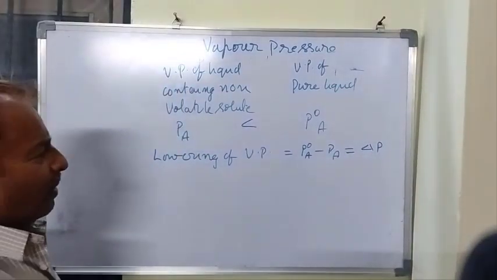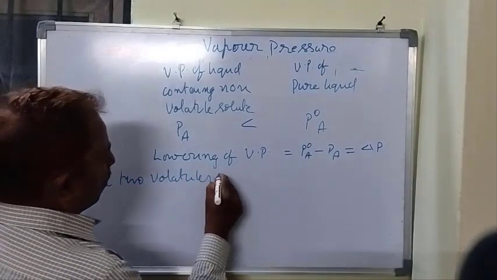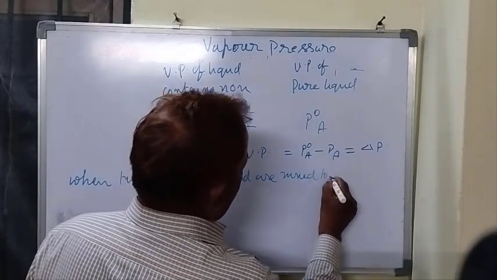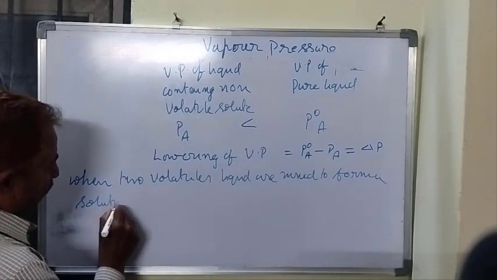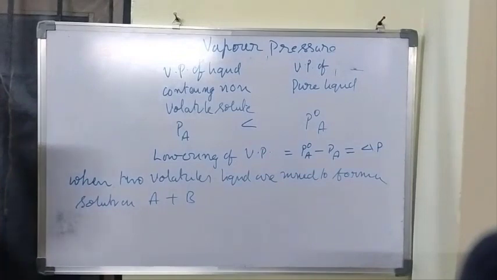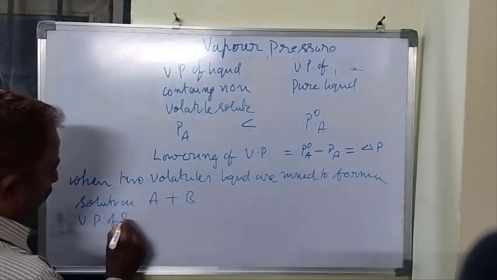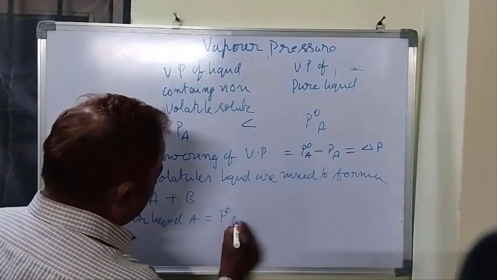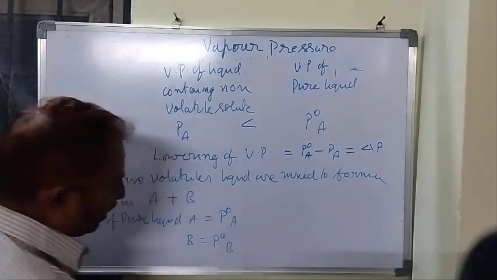When two volatile liquids are mixed to form a solution, that is liquid A and liquid B, the vapor pressure of pure liquid A is P0A. Similarly, the vapor pressure of pure liquid B is P0B.